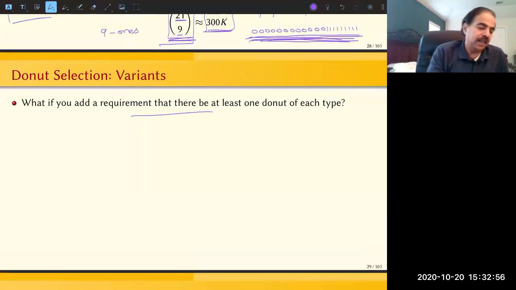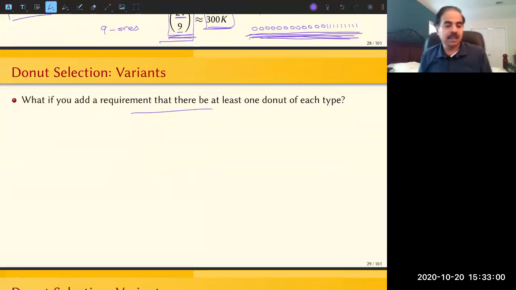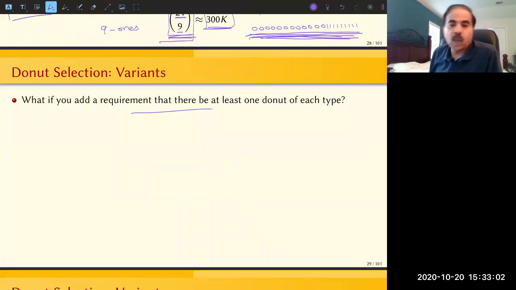So again, we are talking about the same problem, but we added a requirement that you have to choose at least one donut of each type, right? So how can we solve the problem now? How can we do this counting now?